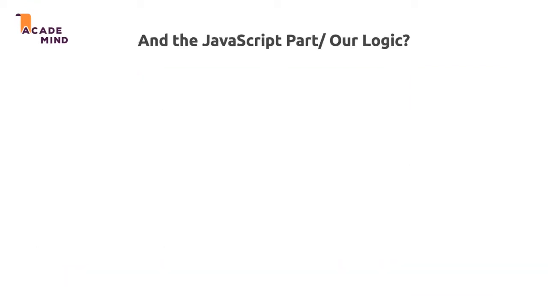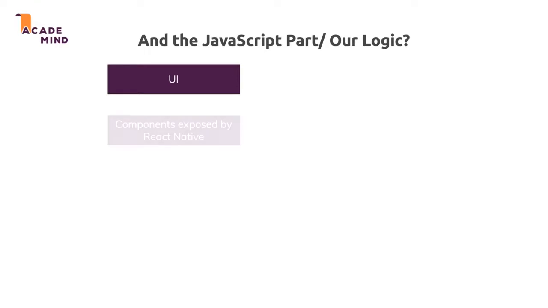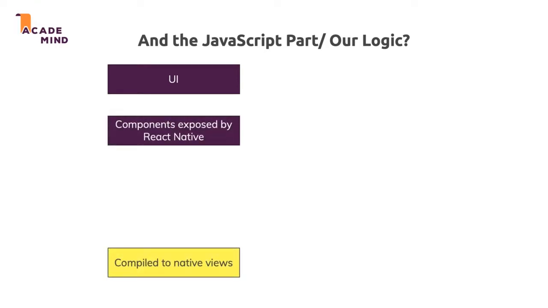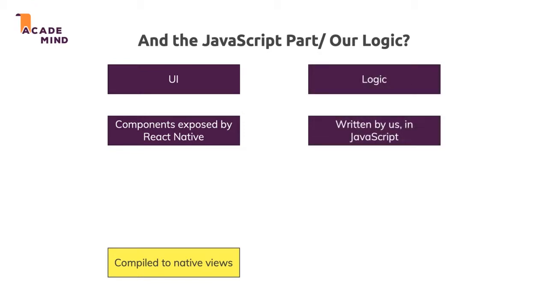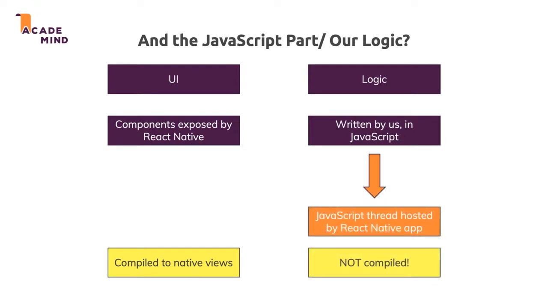Now, as I already mentioned, it's important to understand that for the UI, React Native gives you special components, which are then compiled to native views. For your other logic, so if you're using Redux or if you're having any business logic, you're sending HTTP requests, you're transforming data, all your other JavaScript code is not compiled to native code, but instead it's running on a special thread hosted by React Native.